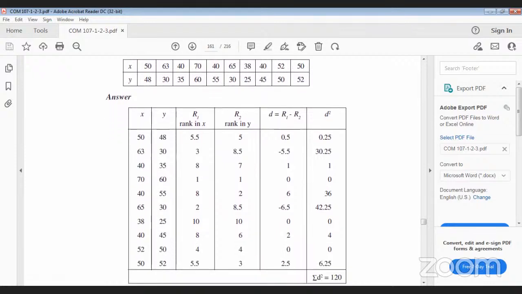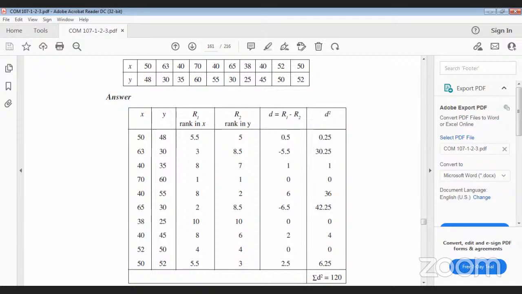These are 10 numbers here. For Y, 48, 30, 35, 60, 55, then 30, 25, 45, 50, and 52 for Y here.